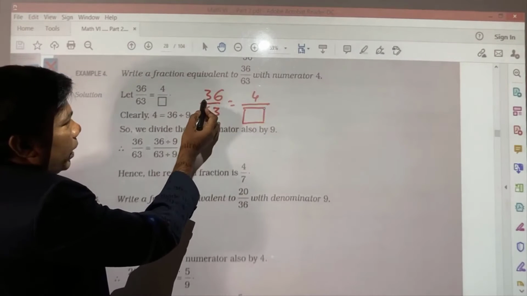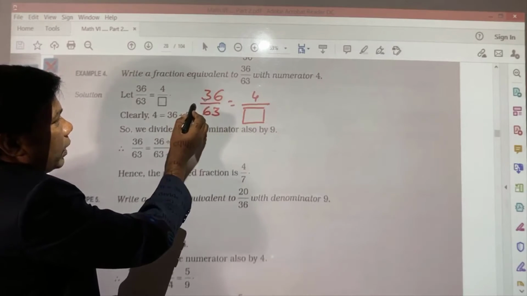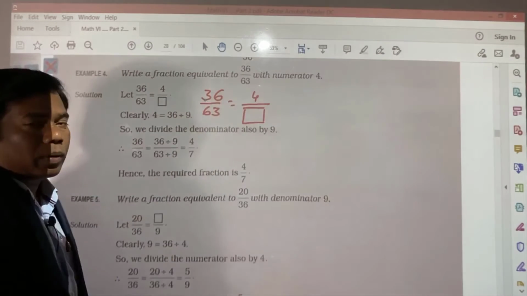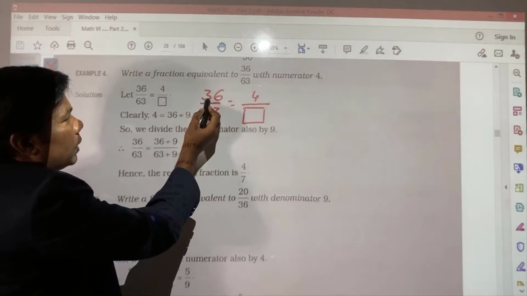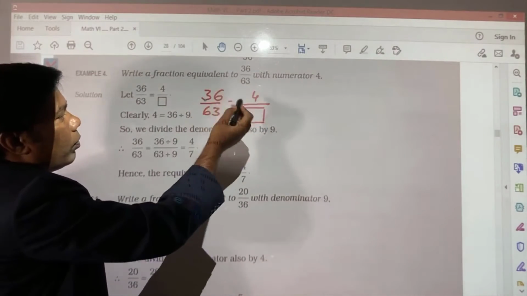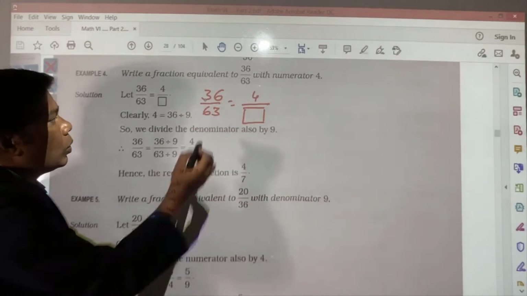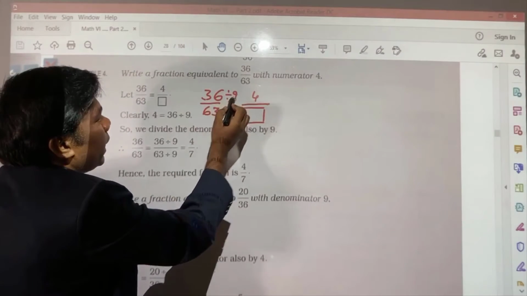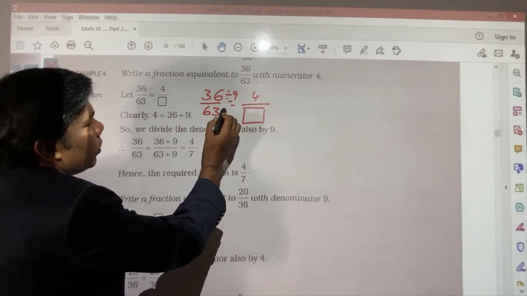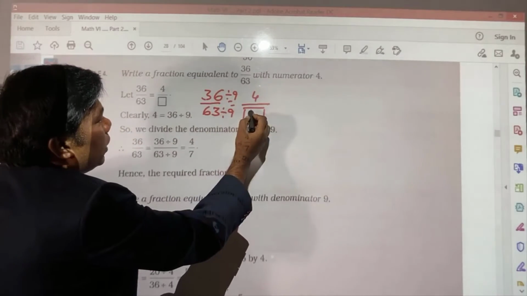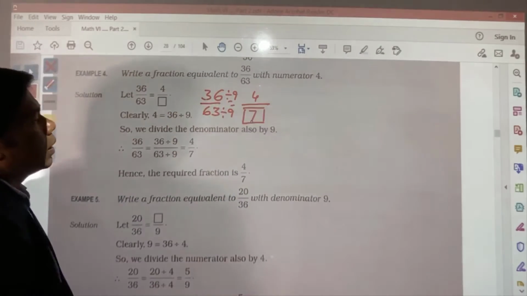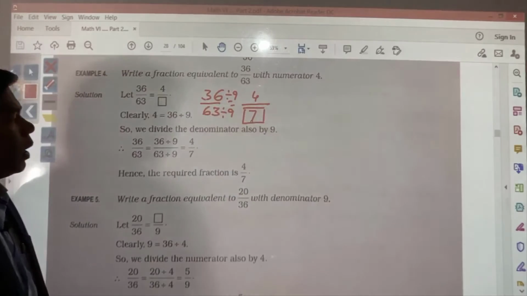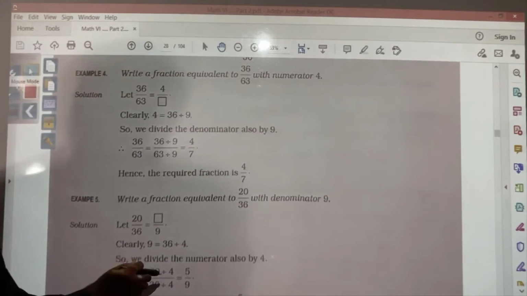You need to see by which number 36 has been divided so that you have got 4. Simply 36 is required to be divided by 4. 4 nines are 36, so it has been divided by 9. So here also 9 should be used. 9 sevens are 63. So 7 will be your answer.